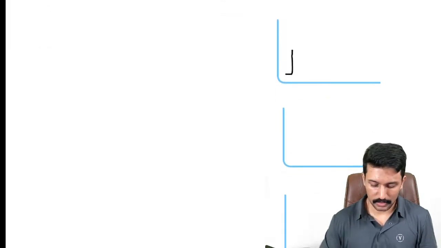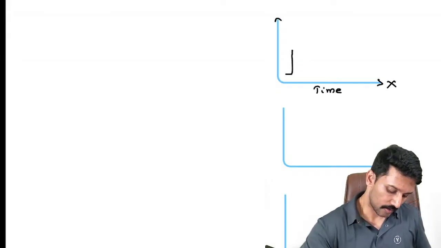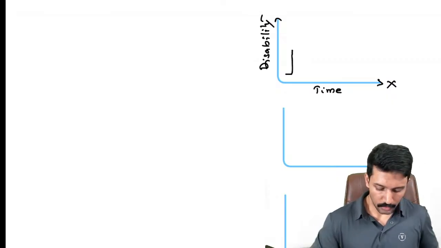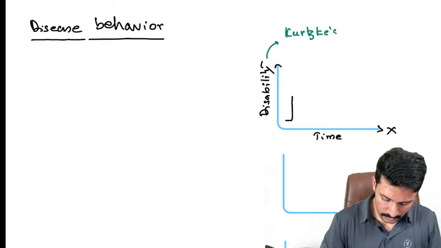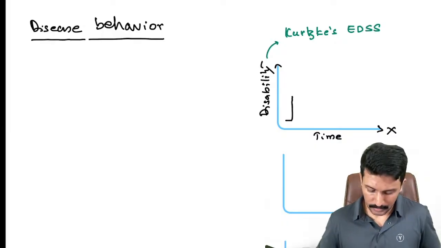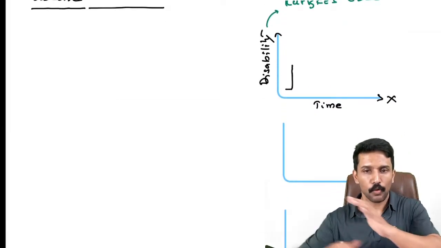This graph is plotting time on the x-axis, and on the y-axis we are plotting the disability. And remember, for disability monitoring we are using a scale called Kurtzke's expanded disability severity scale. According to that, we will plot the disability over time.